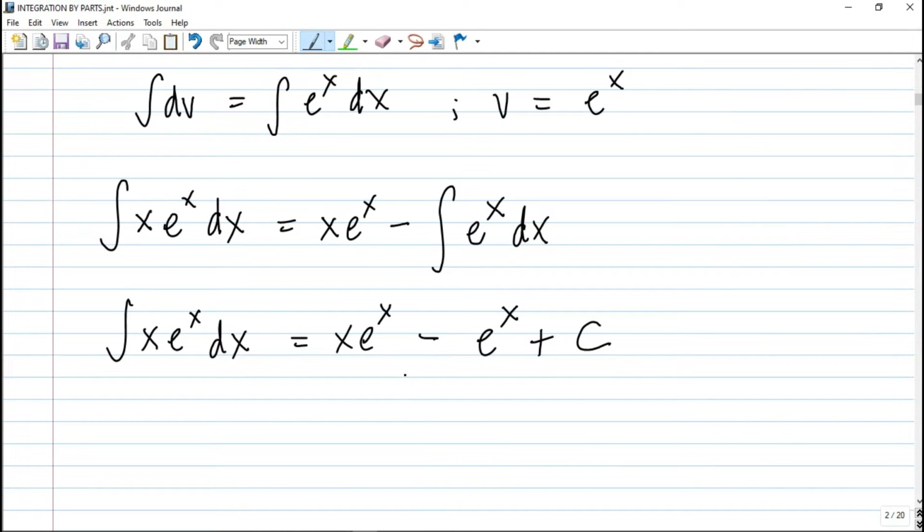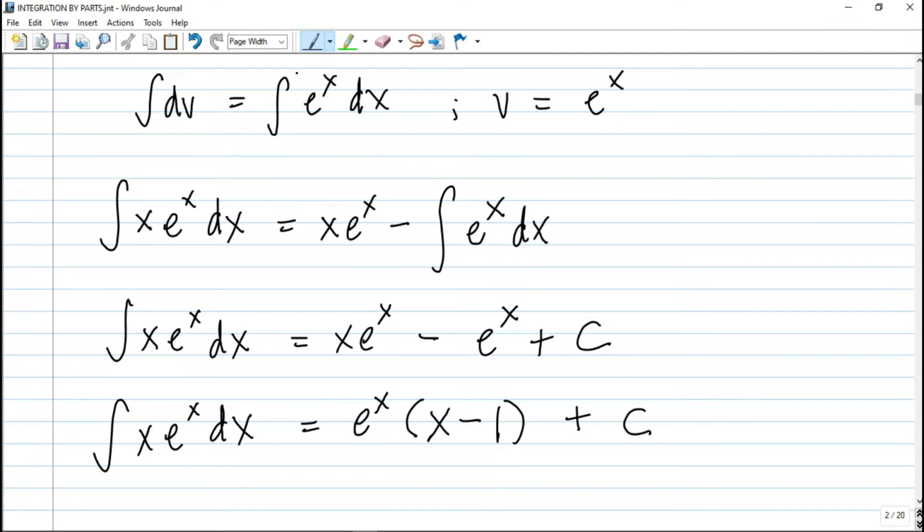Itong e raised to x, guys, i-factor out natin since common naman siya to both of these two expressions. So e raised to x times the quantity x minus 1, plus c. This will be our final answer for this problem number 1. That's how you use integration by parts.